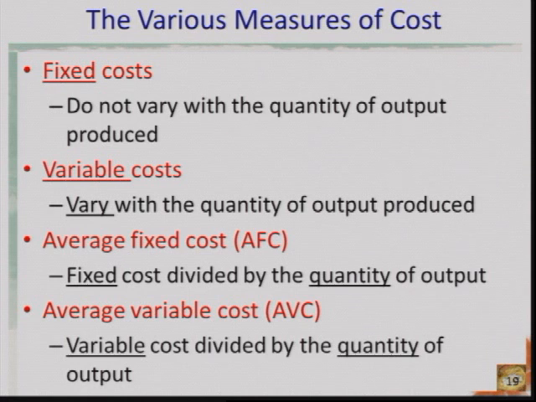All right, so you're going to have to remember that fixed costs, yes, they're explicit. We're actually paying somebody for these types of costs, and they do not vary with the quantity of output produced. So that means we could make 0 cookies, or we could make 1,000 cookies. We're still going to have to pay the same amount for rent, for insurance.